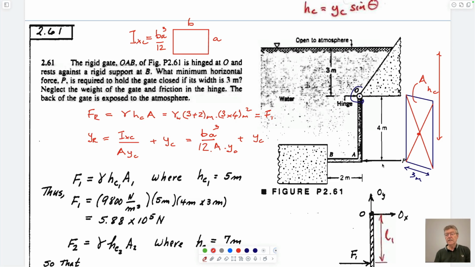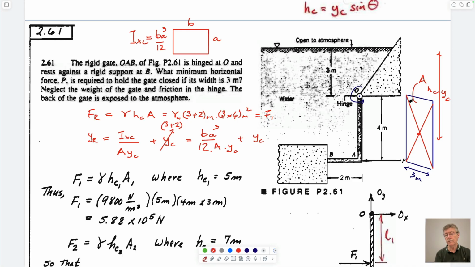What's YC? Well, YC is in the plane of the thing. So if it's like this, it would be like this, but it's vertical. So YC is just up to the surface, and so this is equal to 3 plus 2 meters, of course.